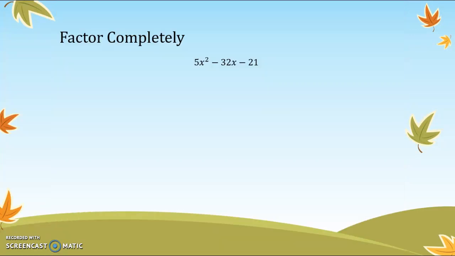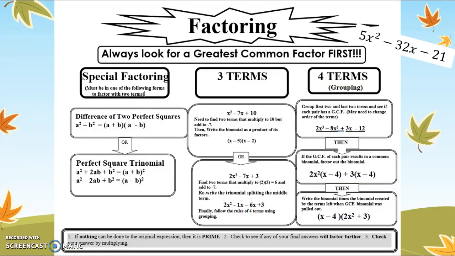So let's factor completely 5x squared minus 32x minus 21. So I'm going to pull up my chart here off to the top right hand side. You'll see that I have the 5x squared minus 32x minus 21. Does this have a GCF?